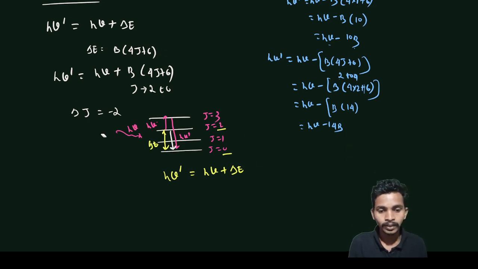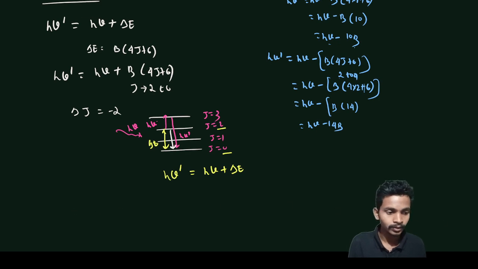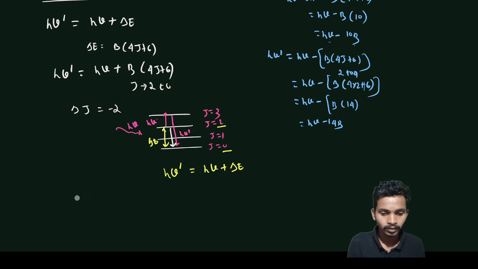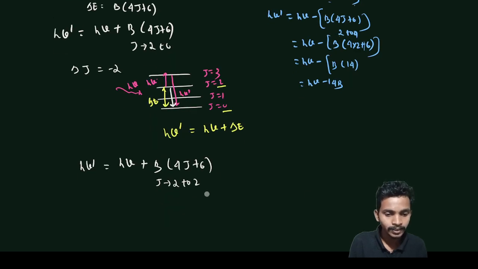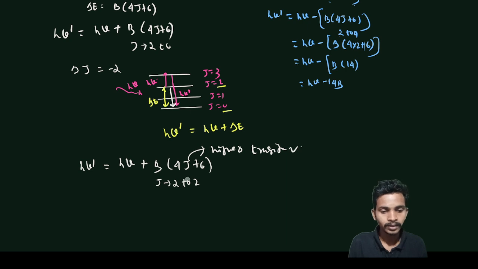So h nu dash equals h nu plus b for j plus 6, from j 2 to 0, and here we take the higher transition value, meaning for j going from 2 to 0, you take the final value, that is 0.